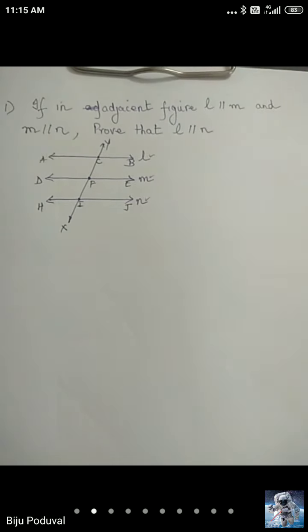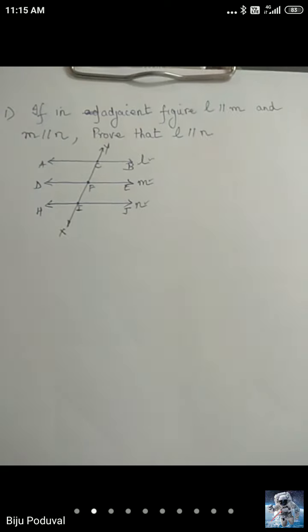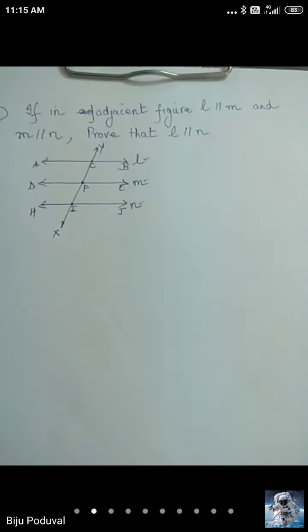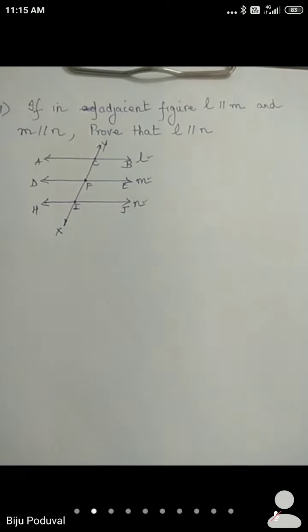And let my transversal be X and Y. Correct? So I've done my marking. Now, somehow I have to prove a pair of corresponding angles is equal.